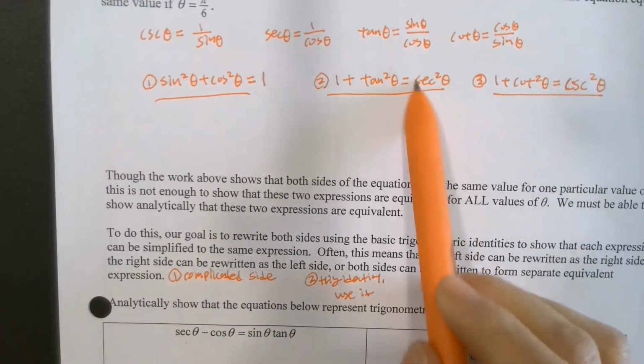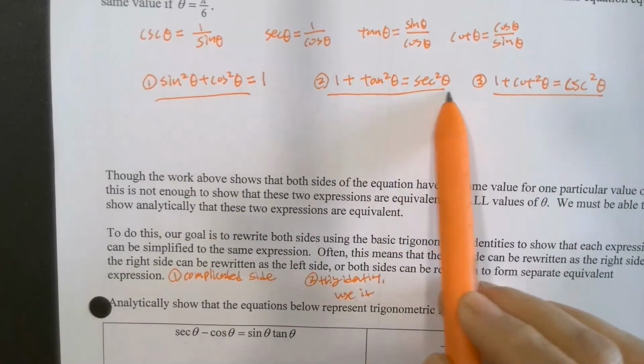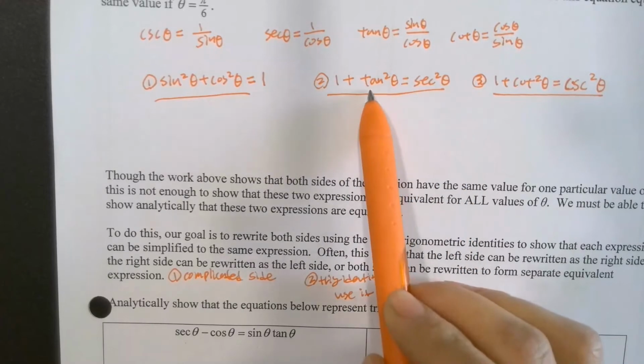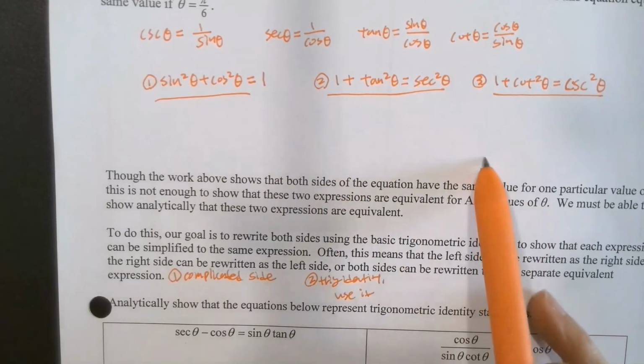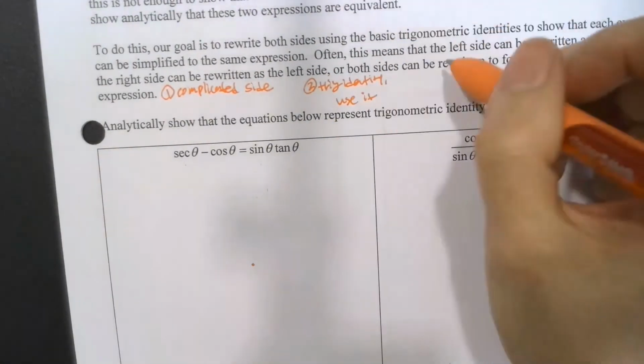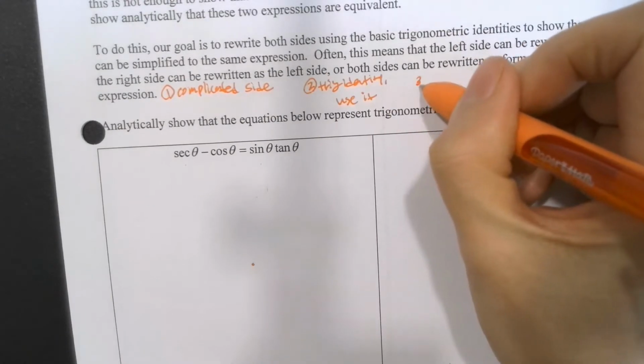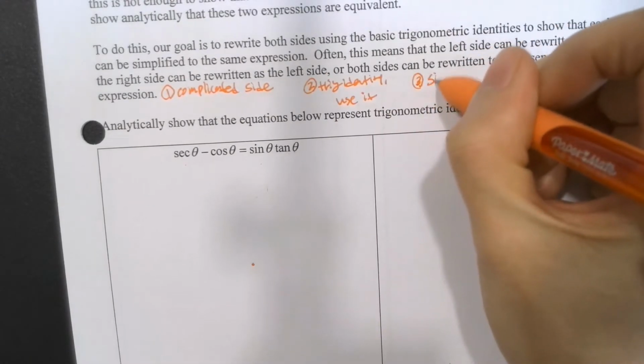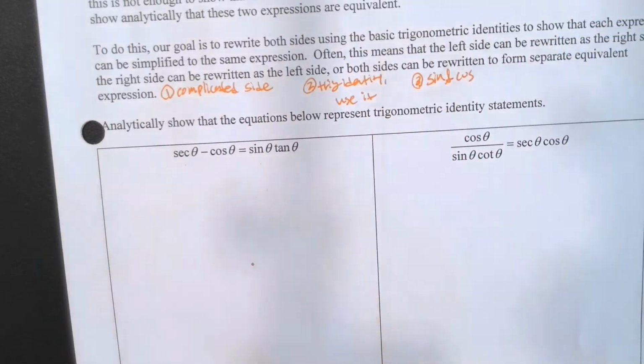If you have secant squared theta minus 1, substitute that with tangent squared theta. Remember all the variations we learned as well. So use those. Keep your eyes up there. And once you use a trig identity and you can't use anything else, rewrite everything in terms of sine and cosine and work your way out.